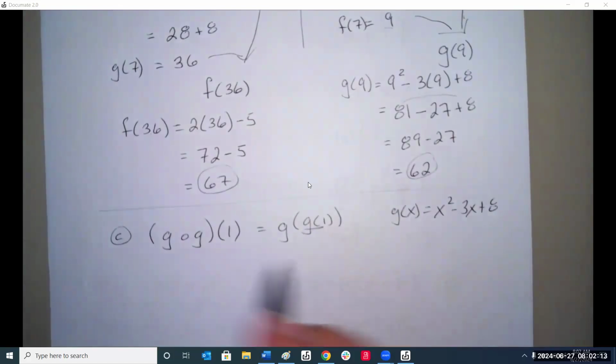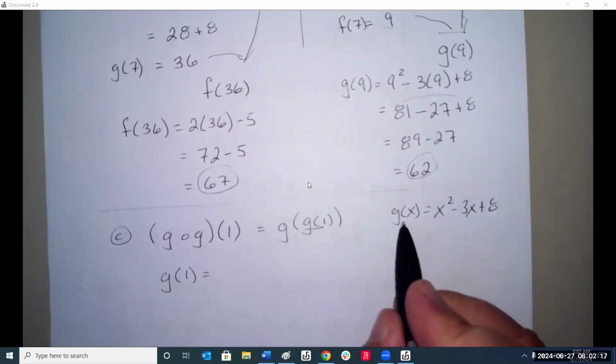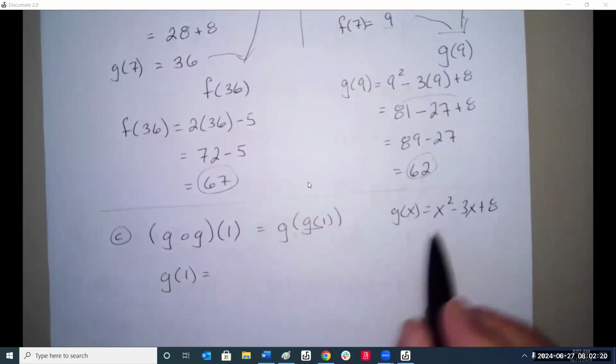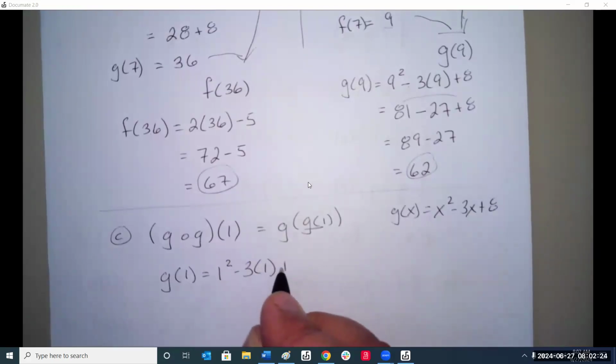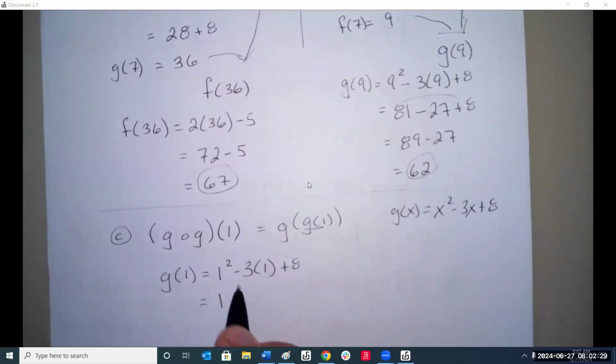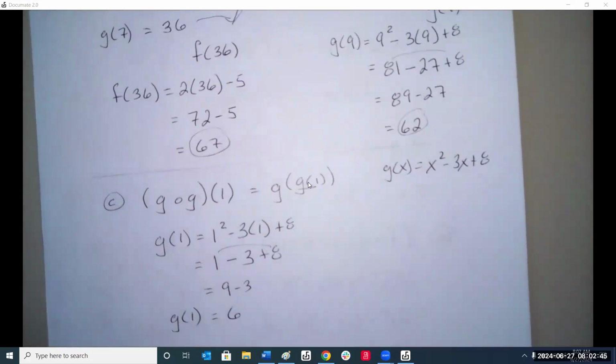So the first thing we have to do is find g of 1. Inside here, anywhere we see an x, we put a 1. So it's 1 squared, minus 3 times 1 plus 8. 1 squared is 1. Negative times positive is negative. 3 times 1 is 3. 1 plus 8 is 9. Minus 3 is 6. So g of 1 is 6.